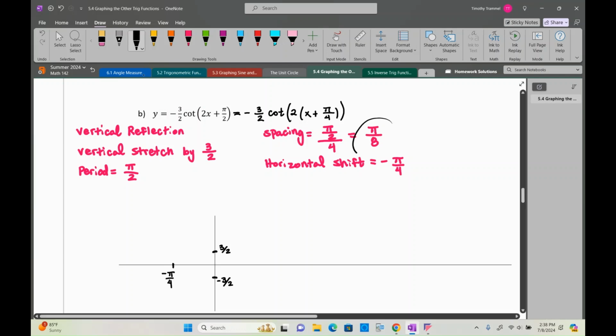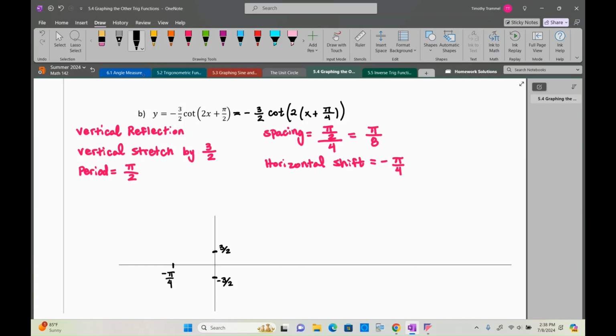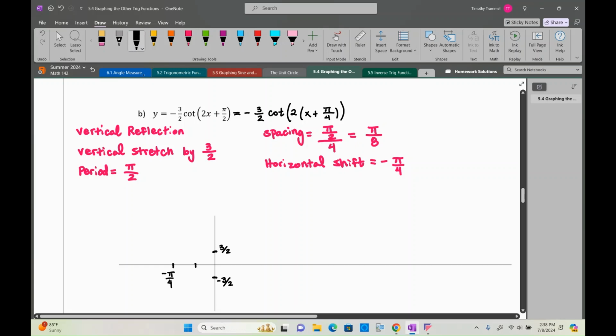And then we want to start counting by pi over 8. And notice pi over 8 is half of minus pi over 4. So my minus pi over 8 should go right here. If I add another pi over 8, I'll end up at x equals 0.